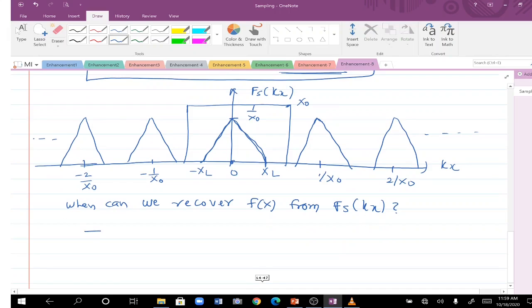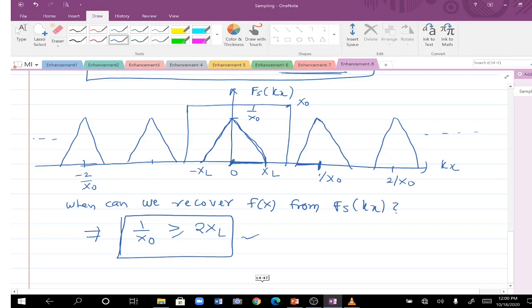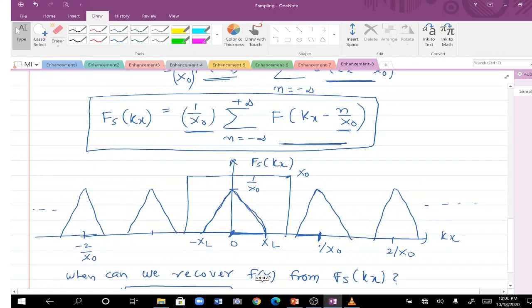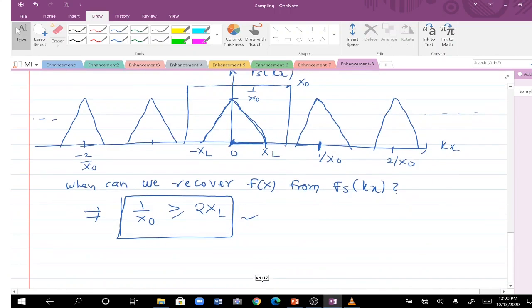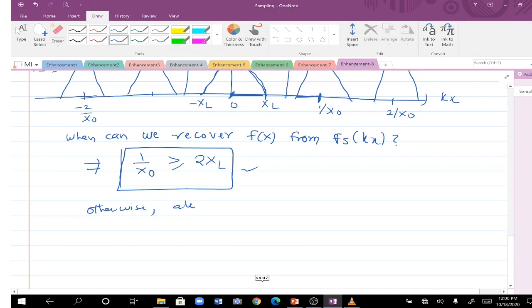So that means you are keeping a copy at 1 by x naught. Within that, this length is xl. Similarly, the magnitude of this length is also xl. So 1 by x naught should be at least equal to or greater than 2 times xl. So this is your Nyquist rate. As long as this is possible, you could recover your f of x even from the frequency spectrum of a signal obtained by multiplying the original signal with an impulse train. Otherwise, aliasing effect is there.